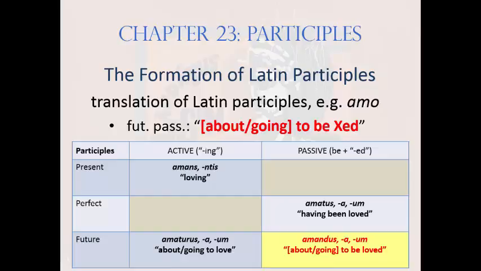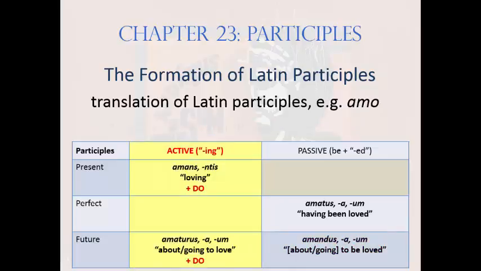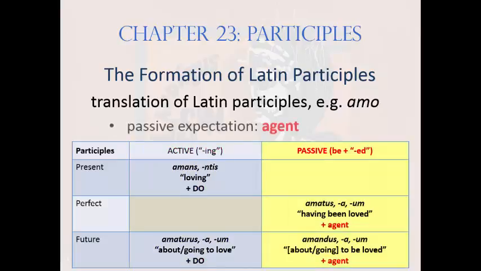Before leaving the formation of regular participles, let's address their expectation. It's exactly what you'd expect. The active ones, amans and amaturus, call for direct objects, loving or going to love someone. And the passive ones, amatus, amandus, call for agents, having been or going to be loved by someone.